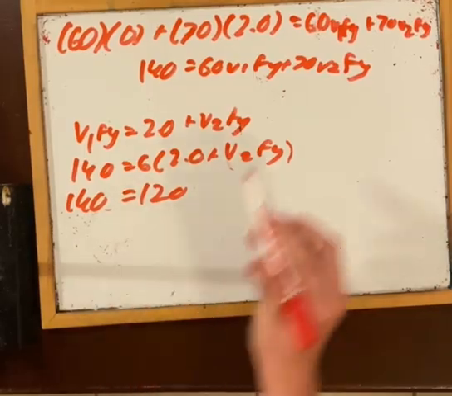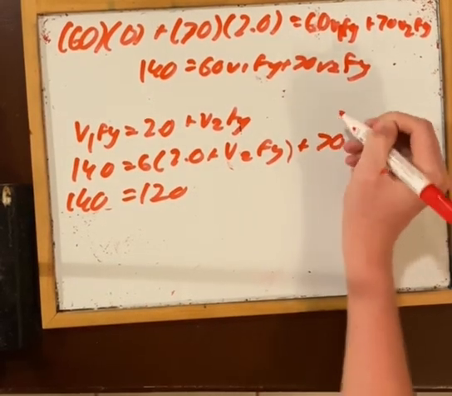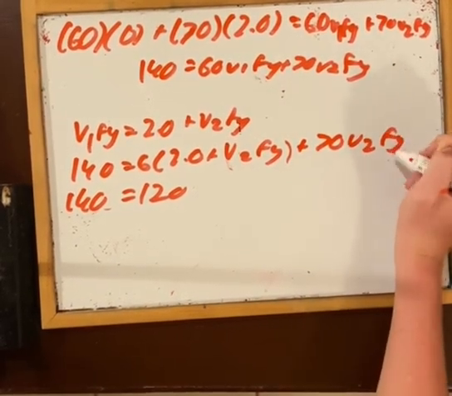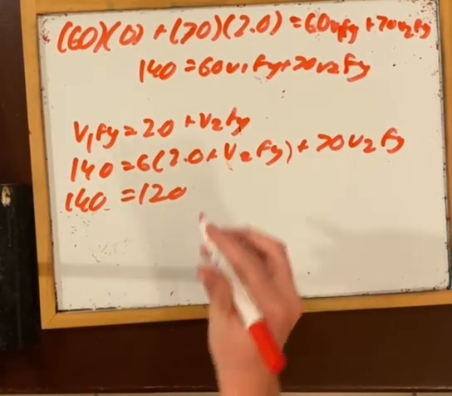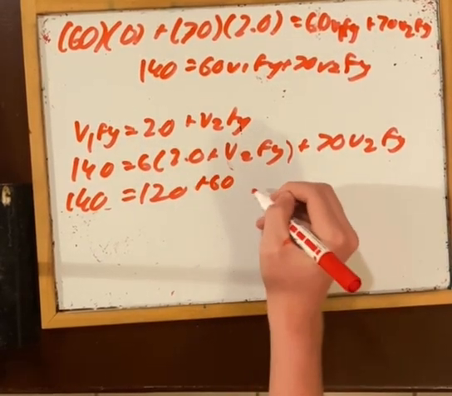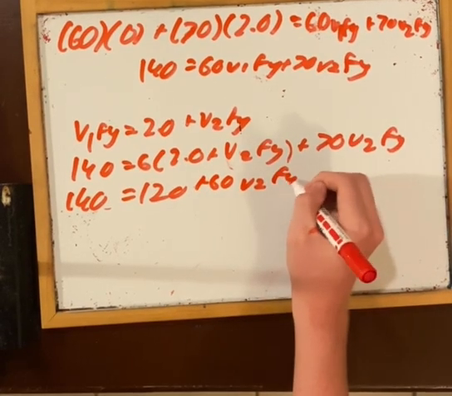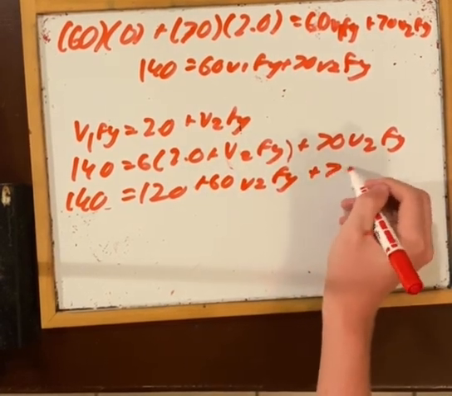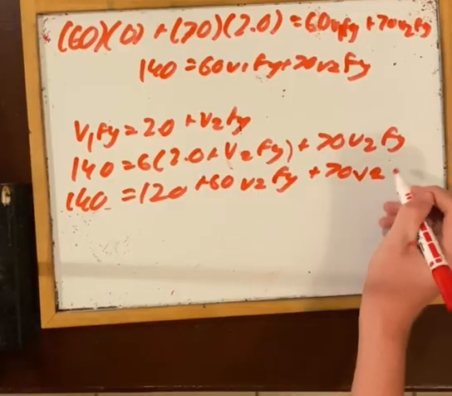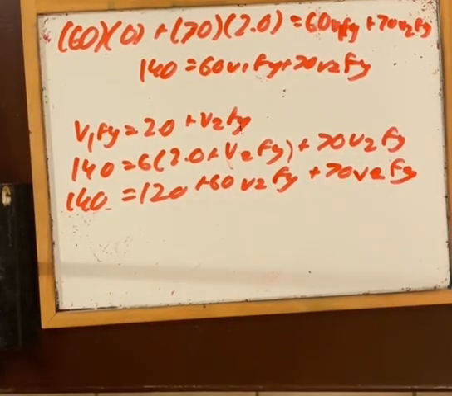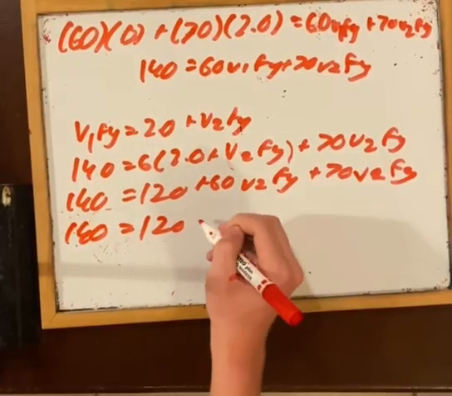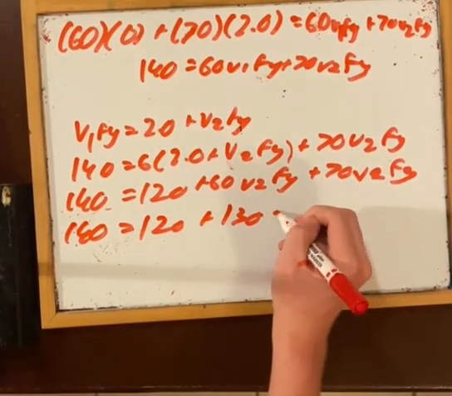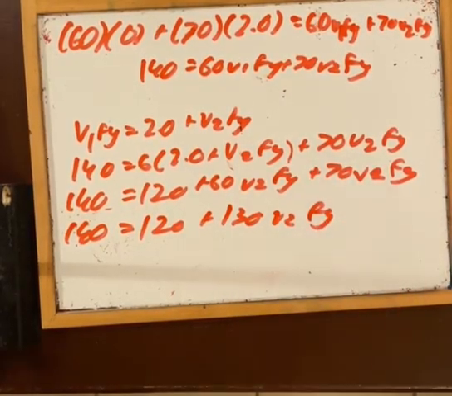I actually forgot something up here. It's plus 70 v2f of y. Not bad. So 140 equals 120 plus 60 v2f of y plus 70 v2f of y. We get 140 equals 120 plus 130 v2f of y.